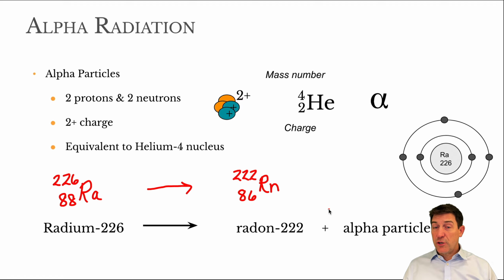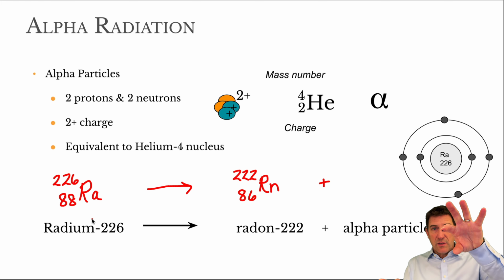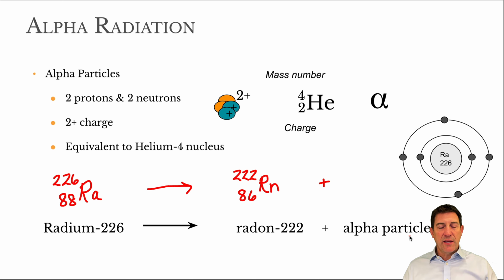Now I'm going to show you a trick here, because this radium broke apart into two things. One of those things is radon-222. What's the other thing? Oftentimes, if you have to do calculations with this, it will not be provided for you. It'll say radium-226 decays and turns into radon-222.